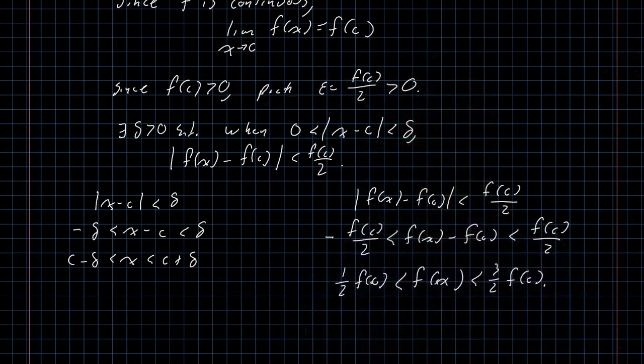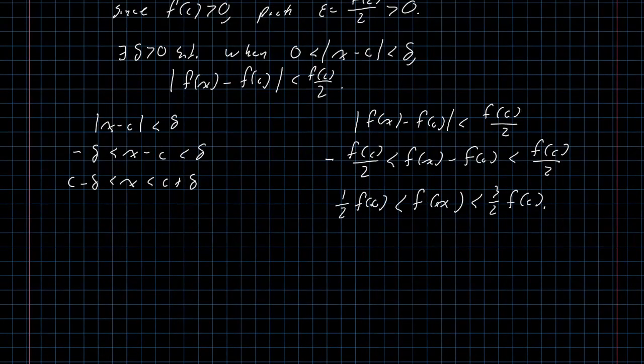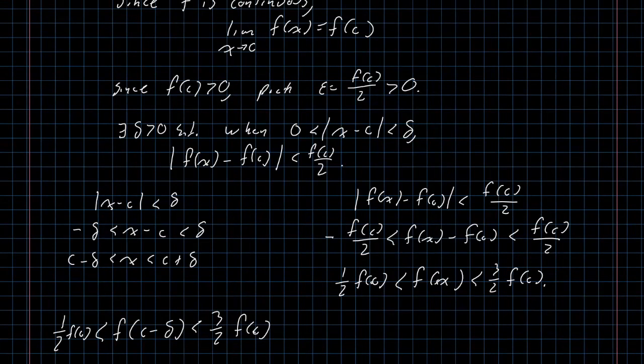But watch. If I plug in that x is equal to c minus delta, I get that 1/2 f of c is less than f of c minus delta is less than 3/2 f of c. But when I picked f of c, I specifically picked because f of c over 2, 1/2 f of c is bigger than 0.